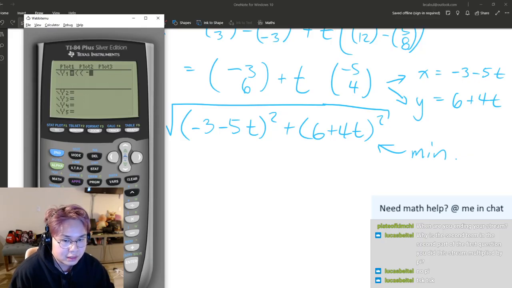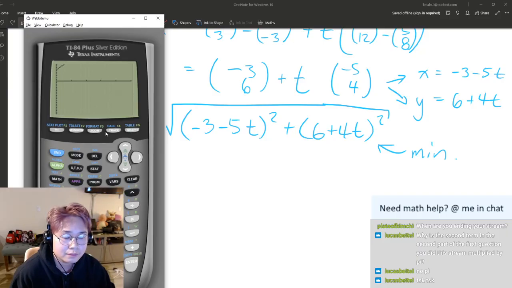So negative 3 minus 5x squared, plus 6 plus 4x squared, close this, to the power of 1/2 for the square root, and then graph. And my window is completely off.